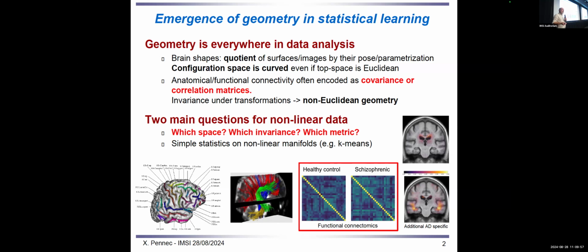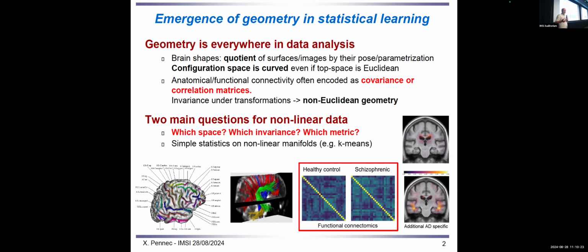So it means that in that case, you're going to consider the quotient space, or the space of classes of equivalence of shapes, and do what we call quotient geometry. And even if you start with something which is Euclidean flat space at the beginning, by doing this quotient, you're going to get into something which is curved. And here the problem is how to do statistics on these curved spaces.